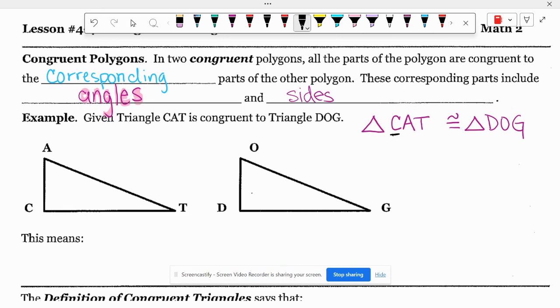The first letter represents an angle, which has to correspond to the first letter of the other shape. So angle C is congruent to angle D. Then that means angle A is congruent to angle O, and angle T is congruent to angle G.